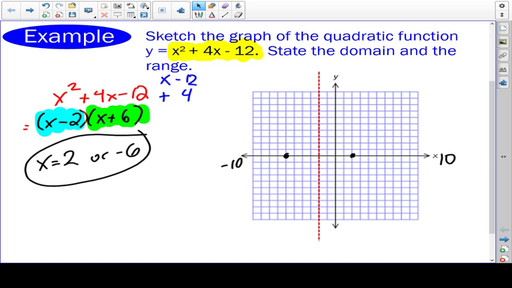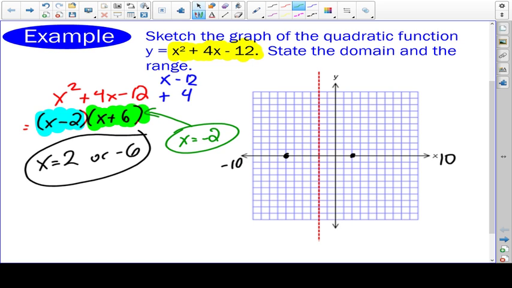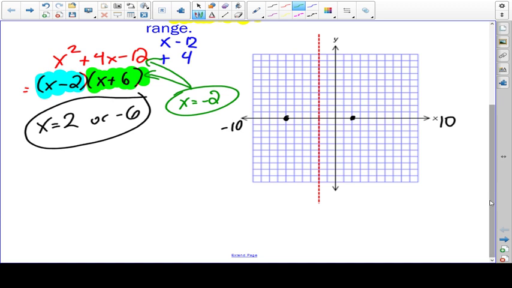Well, here's what we can do. We know that the x-coordinate of the vertex is -2. So what I can do is plug in x equals -2 into either this form or this form of that quadratic equation. Honestly, it doesn't matter. So y equals x squared plus 4x minus 12.